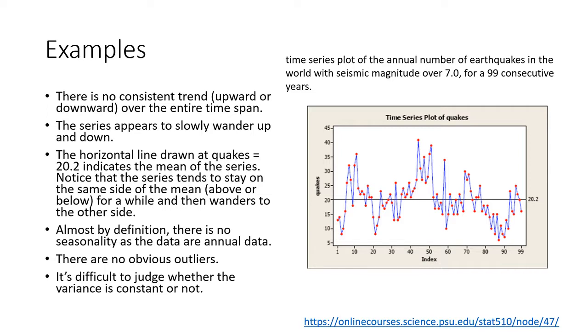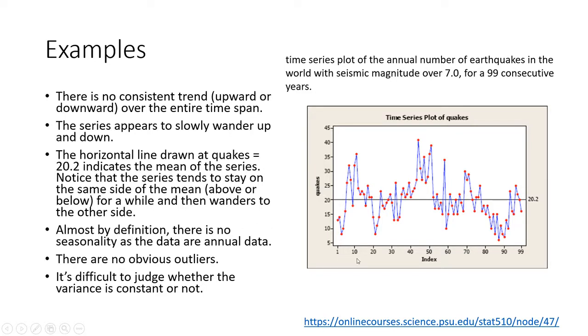Examples, okay. If you have this plot, if you look at the plot, there is no consistent trend. It's like, things are fairly flat. So there is no obvious trend upward nor downward. The series appears to slowly wander up and down around one line at 20.2.